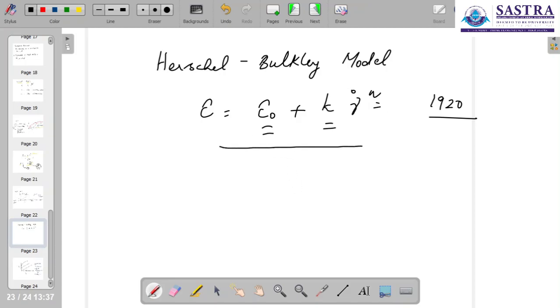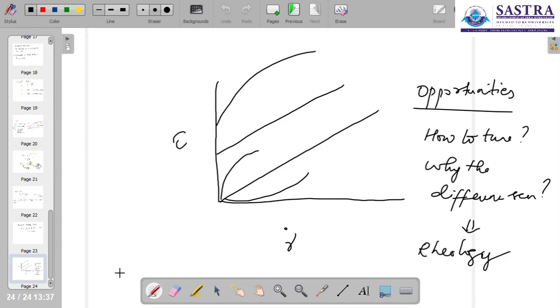So taking a clue from this, if you draw on a rheogram the shear stress versus the shear rate, we can expect lots of such behavior. So this is the classical Newtonian, but you have here pseudoplastic, you have here dilatant, this is your Bingham plastic, and this is a combination of Bingham plastic and pseudoplastic behavior, right? So you can have various combinations of these.